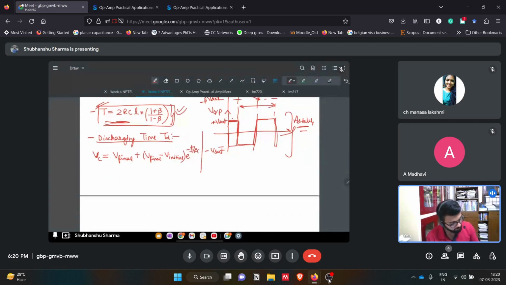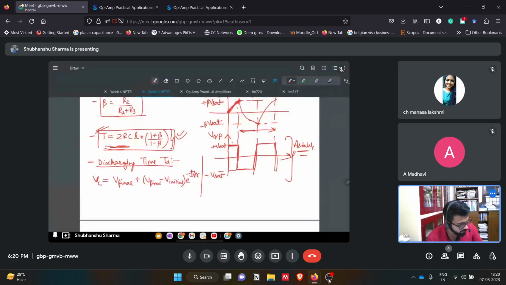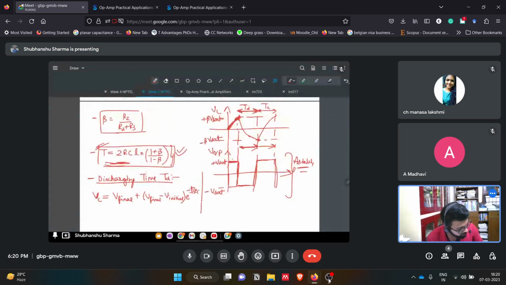Now if we are talking about only this state, here the initial voltage is plus beta V sat. Final voltage, it needs to go till what? The capacitor needs to attain the negative V sat value. So we can say minus V sat.